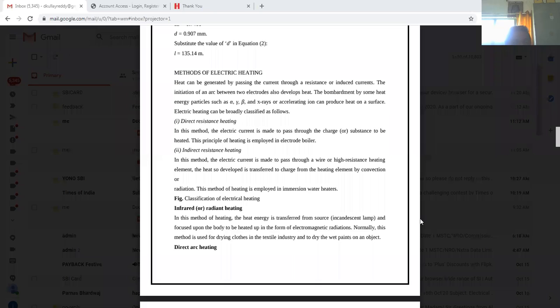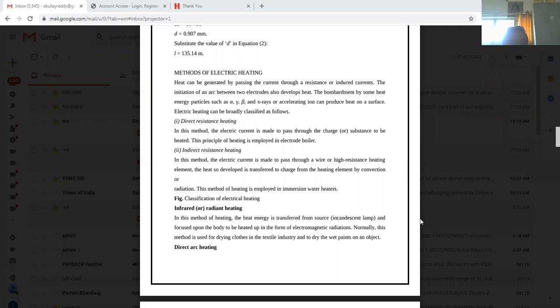So indirectly, we are giving supply to the resistive coil, and the heat is transferred to some other material. This process we call indirect resistance heating. An immersion water heater is an example of indirect resistance heating.